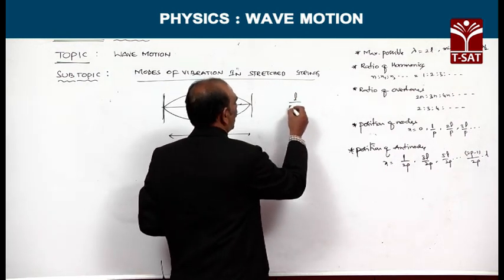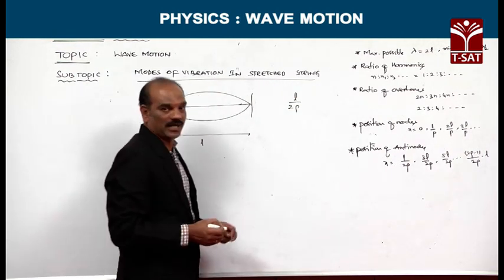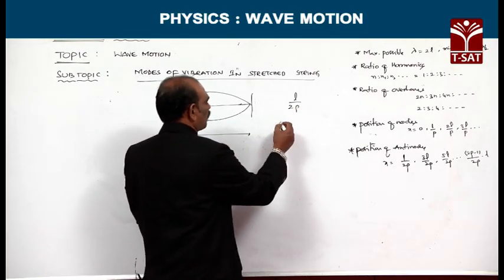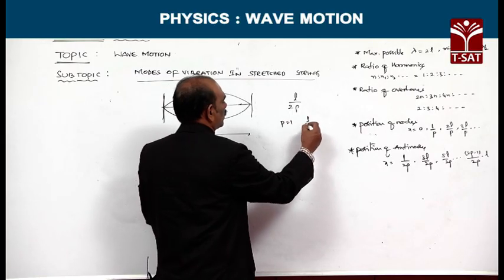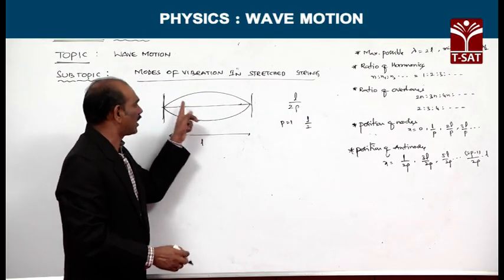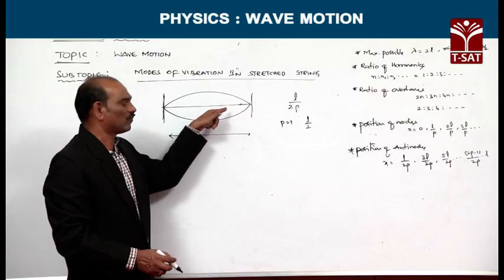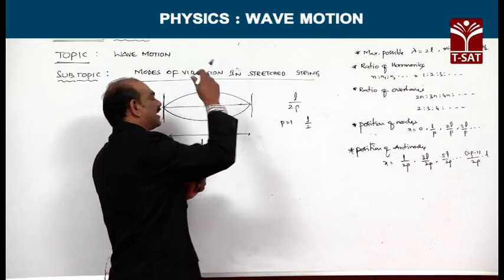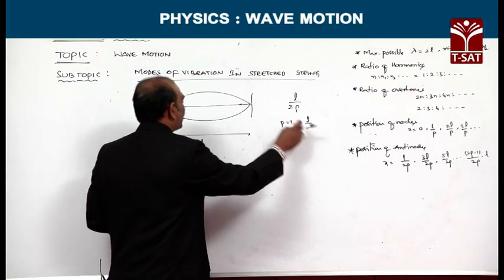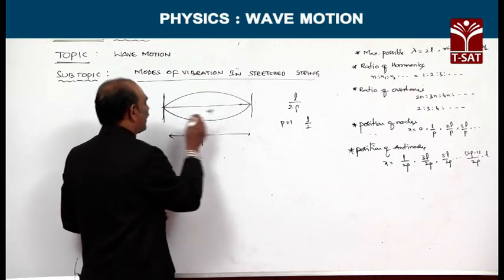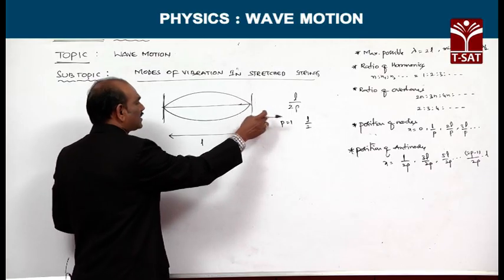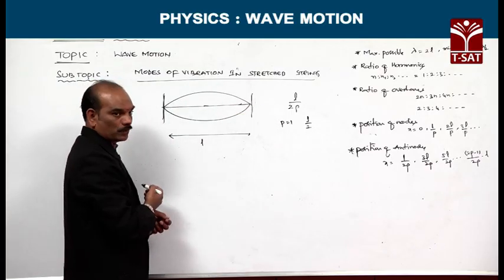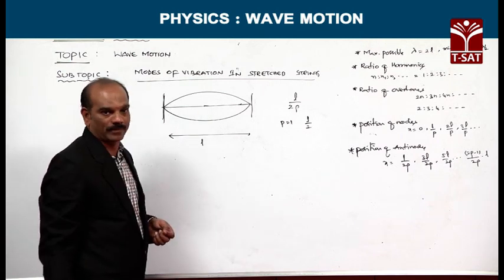We have one formula, L by 2P, where P is the number of loops. If P = 1, then L by 2. That means in order to vibrate with one segment, it has to be plucked at the center, at a distance of L by 2 from one end. Then it vibrates with one loop. This is called the first mode of vibration.